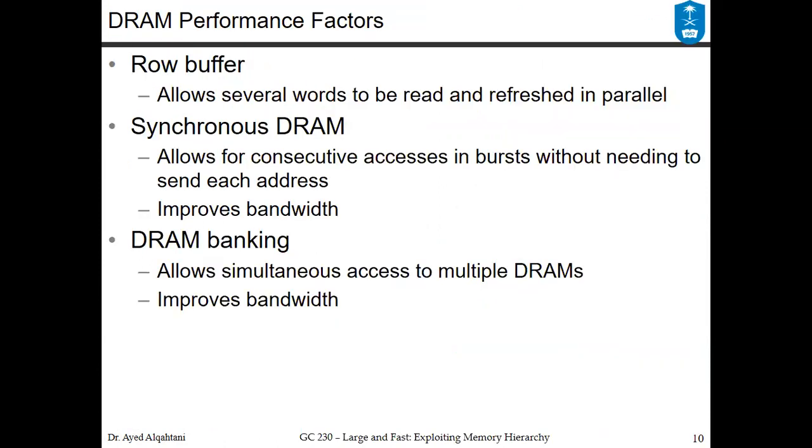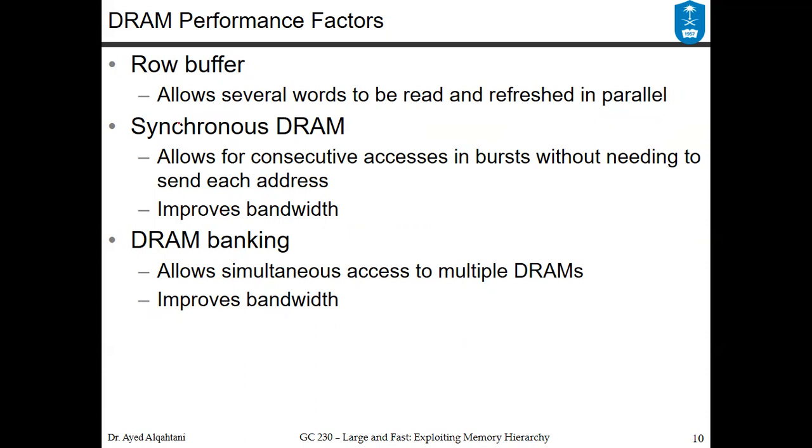So the DRAM performance factors: we have a row buffer, which allows several rows to be read and refreshed in parallel. Synchronous DRAM allows for consecutive access in bursts without needing to send each address by itself, and this improves the bandwidth. DRAM banking allows simultaneous access to multiple DRAMs, and this also improves the bandwidth.